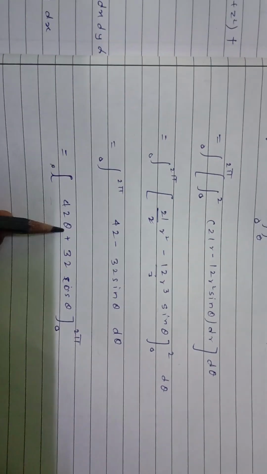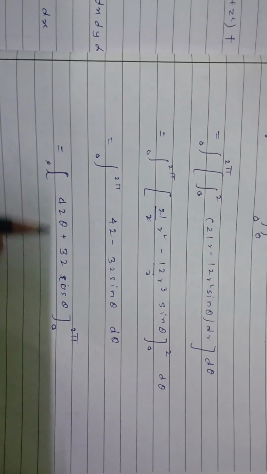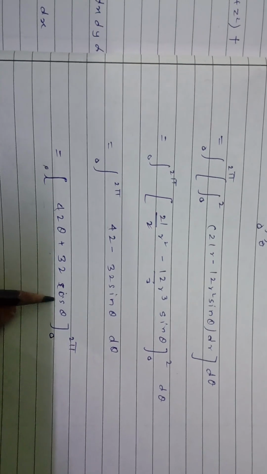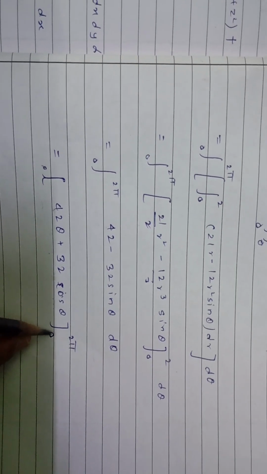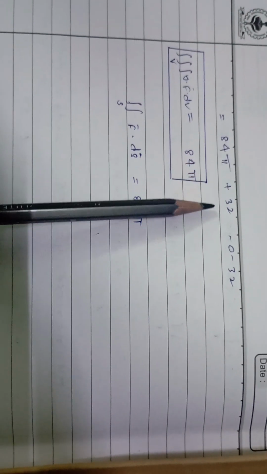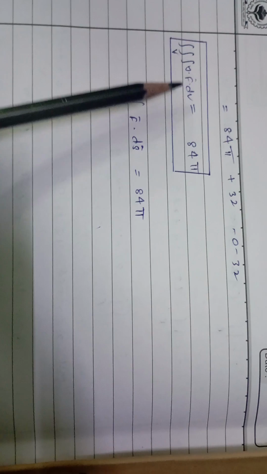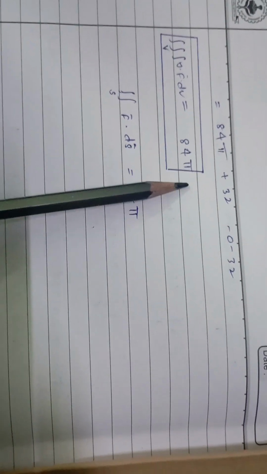So 42 becomes 42 theta plus 32 cos theta, as the integration of sin theta is minus cos theta. And by putting the limits 2 pi and 0, we will get 84 pi plus 32 minus 32. Hence, the volume integral of the divergence of f would be 84 pi.